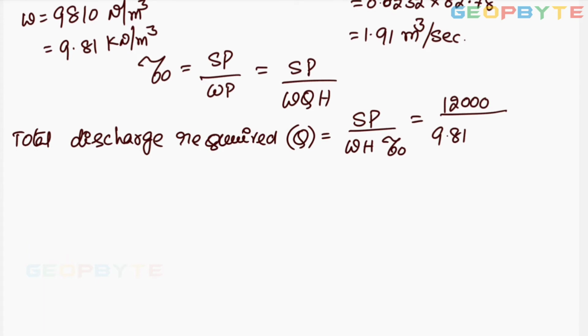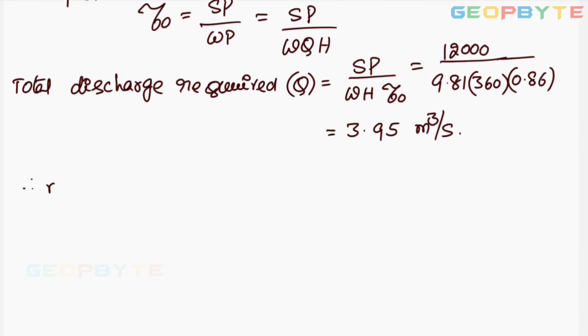H is 360 multiplied by overall efficiency 86%, that is 0.86. So simplify this for getting 3.95 meter cube per second.